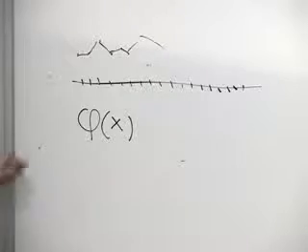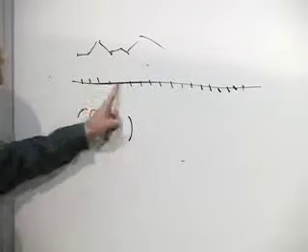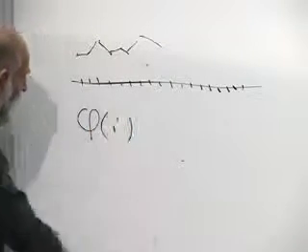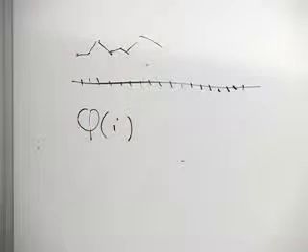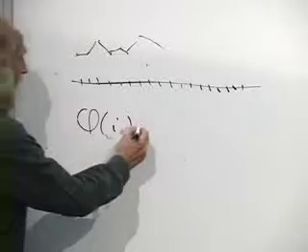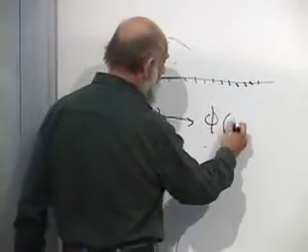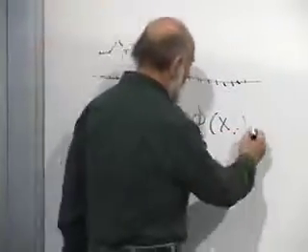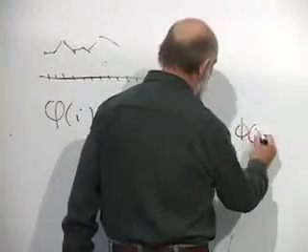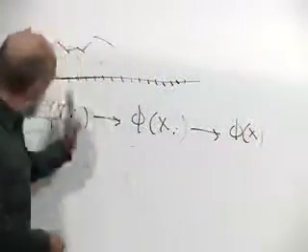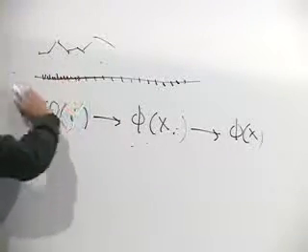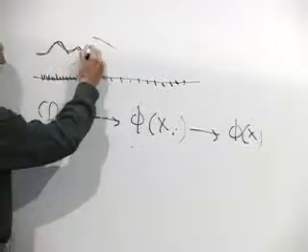In other words, the q's in this problem are the fields at the different positions. We could call it phi of i, meaning phi at the ith position. Or we could call it phi at point x_i. Or we can just call it phi of x. Phi of x has the implication that we're going to a limit where we take the points to be so dense that this field becomes a continuous field.